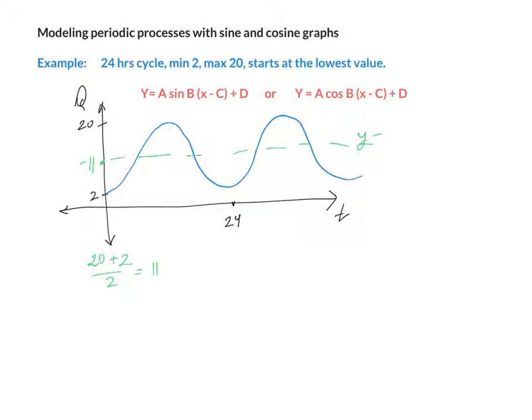Okay, so 11 from 20 is 9 units. From 2, it's 9 units. It's right in the middle. So this is my midline. What 9 actually is, is half of the height, as you see. So the entire height is 18. 9 is half of it, and that's our amplitude.